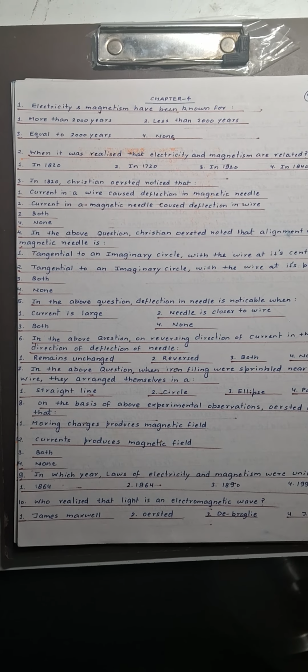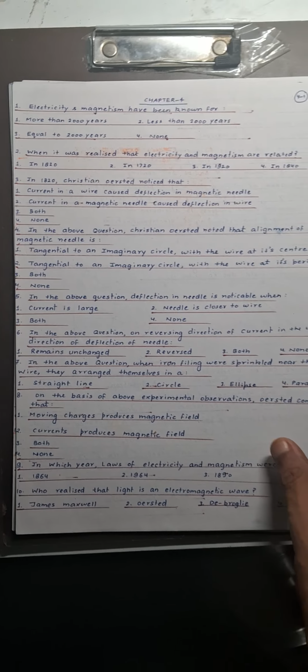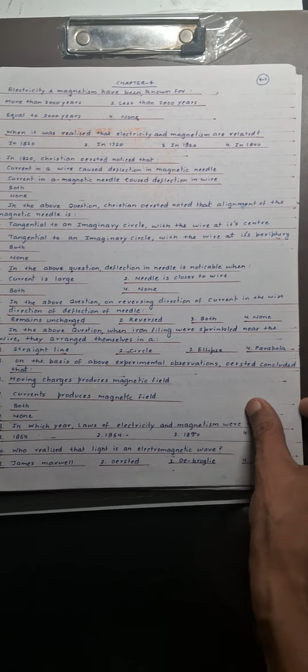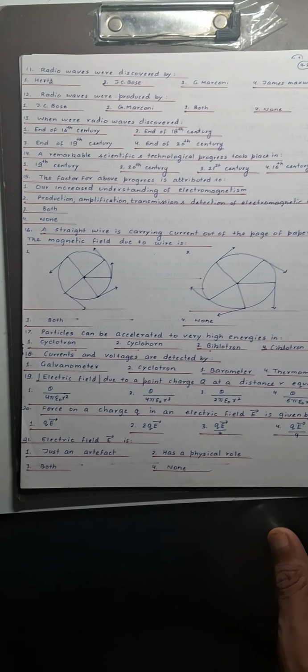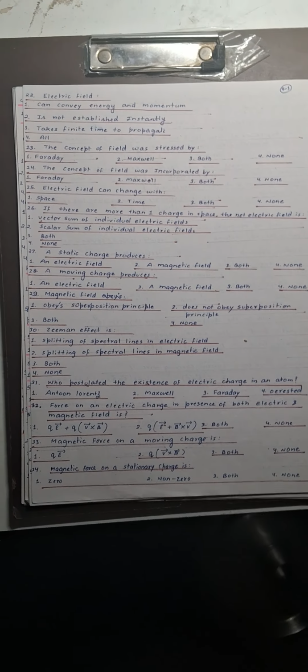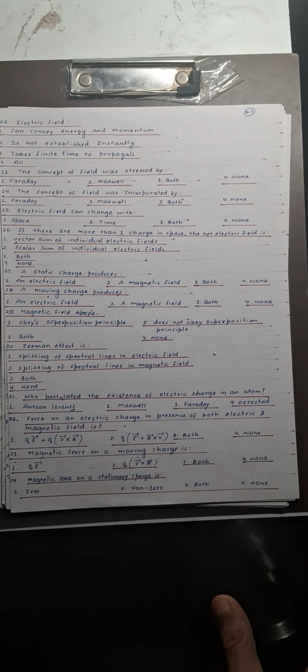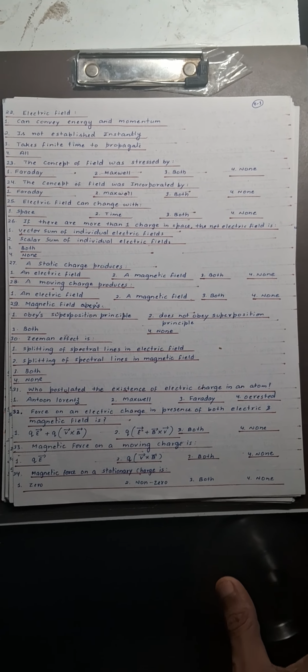So these are unsolved questions from the first set, from question 1 to 10, as you can see over here. Then we have questions 11 to 21. Then 22 to 34.